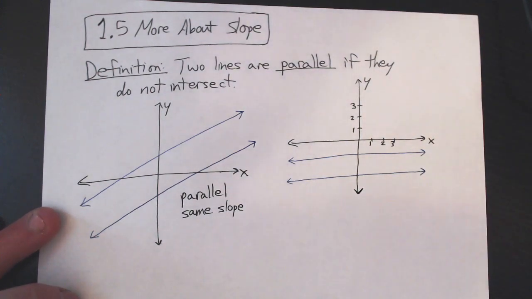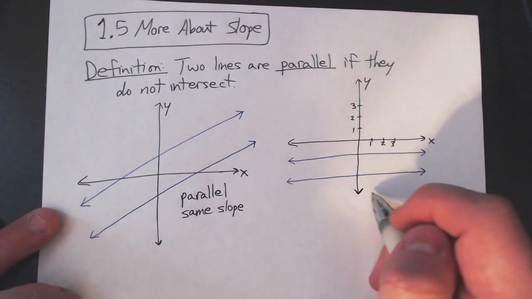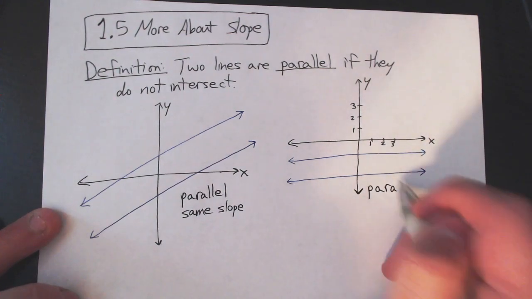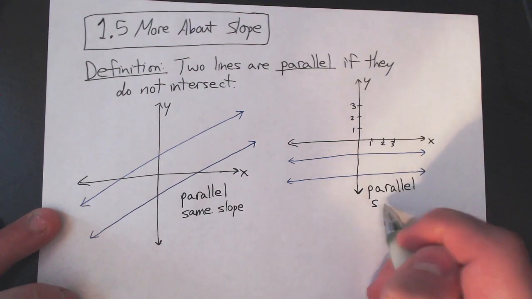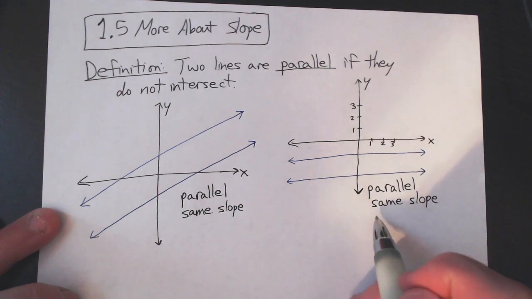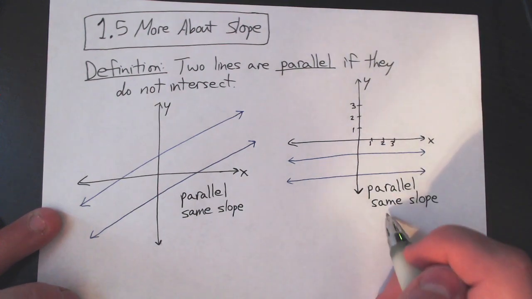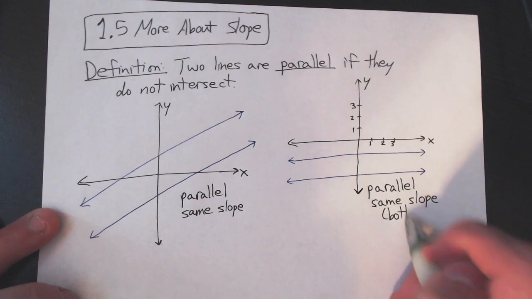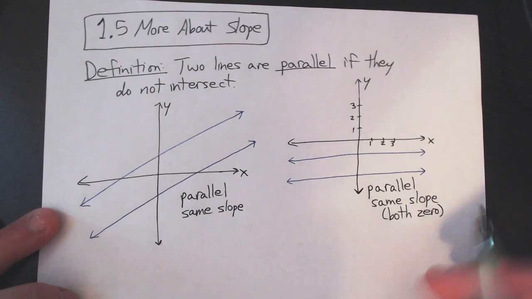They're both horizontal. Two horizontal lines. They are also parallel. They will never intersect. They also have the same slope. Remember last time we said that horizontal lines have a slope of 0. So these both have a slope of 0.